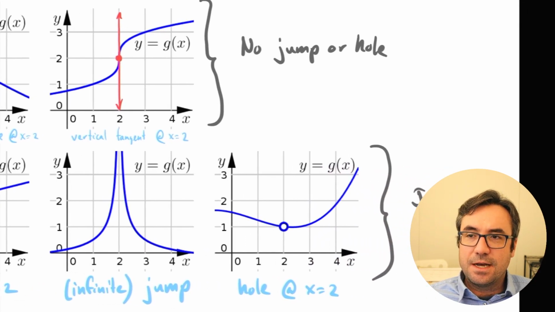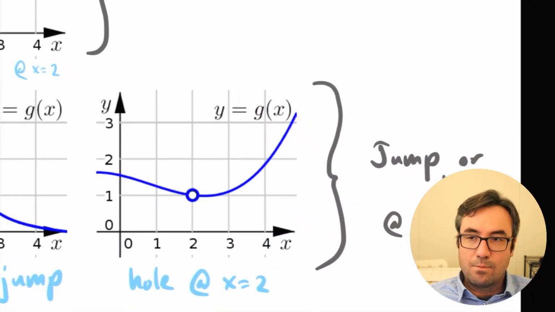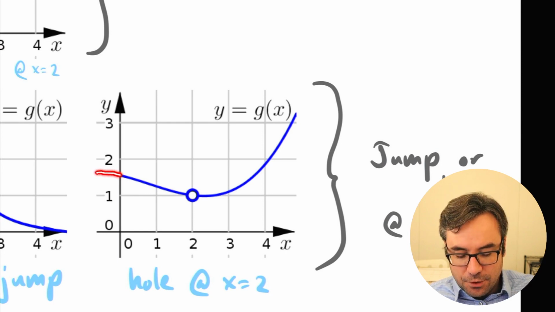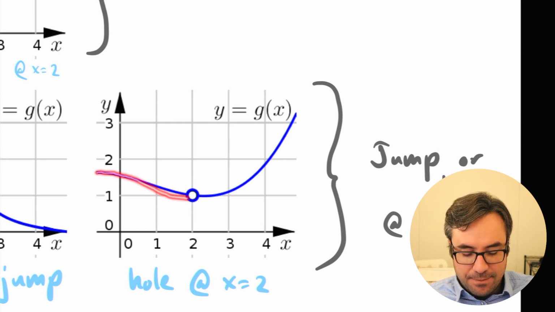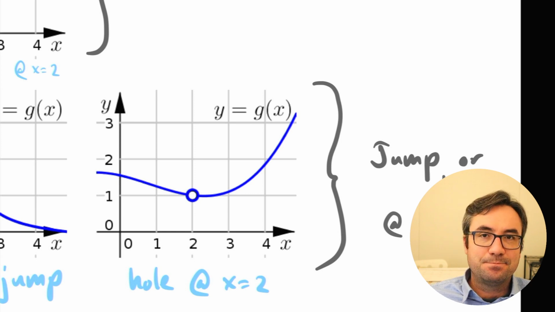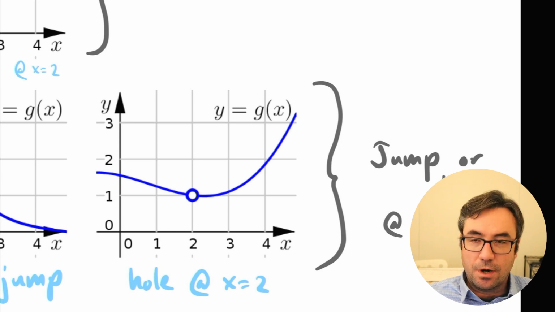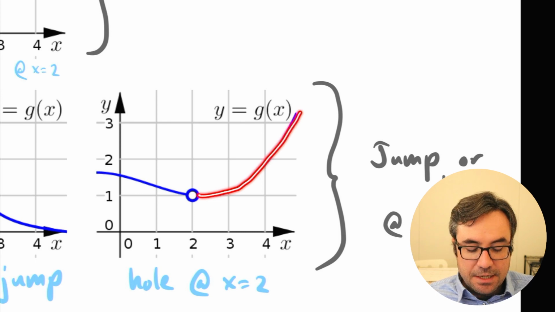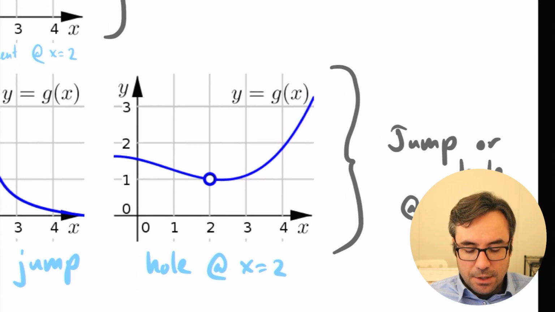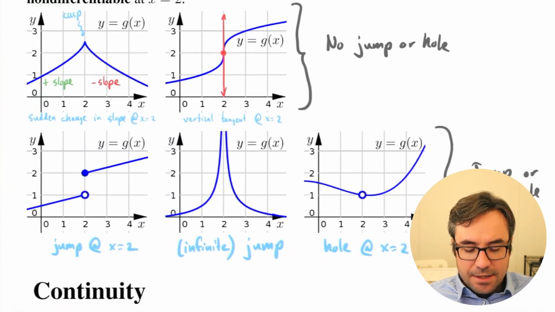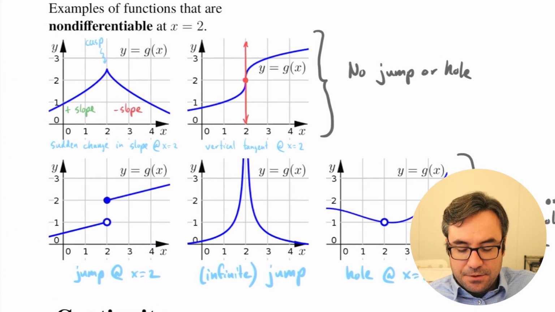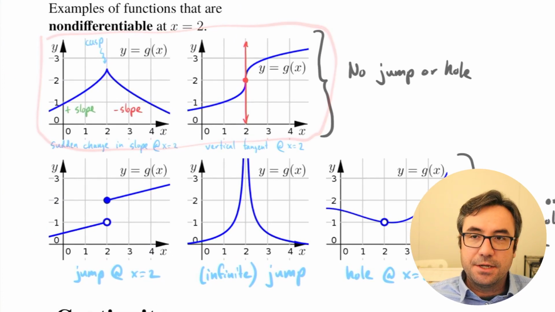Same deal with this hole in the graph. I have to jump over it. I'm good tracing along here, but then I get to that point and I have to stop and take my pen off the page. I can't draw over that hole, and then I can continue on. So what's going on is these first two examples are all non-differentiable but continuous.